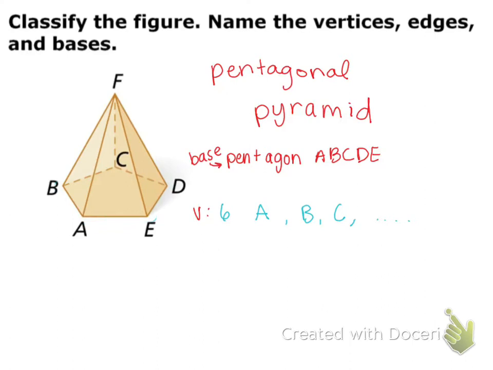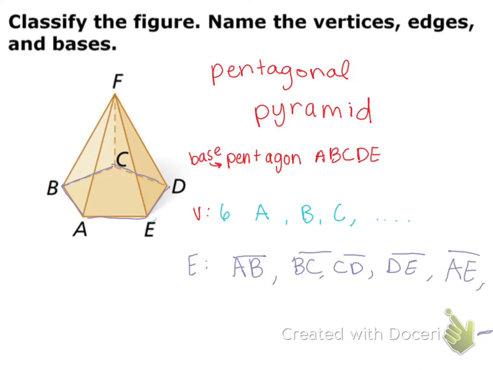Now if I was naming edges, remember edges are just line segments. So I'm going to start naming them. So I have A, B, the line segment on top, B, C, C, D, D, E, A, E, and there's more.